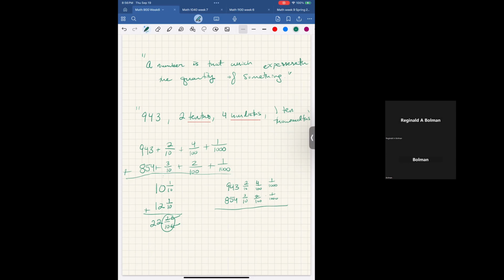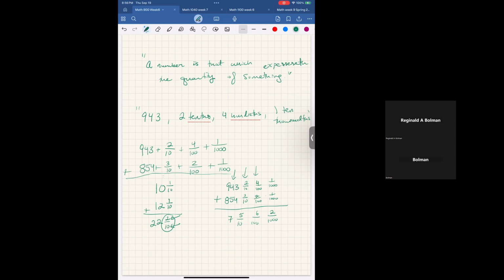If you're going to add column-wise, you add the 1 with the 1, which gives you 2. The denominator of 1,000th doesn't change. In the second column, 4 and 2 gives you 6. The denominator doesn't change. In the third column, 2/10 plus 3/10 gives me 5/10. And in the fourth column, I'm now adding regular numbers with regular numbers, so 3 plus 4 gives me 7.